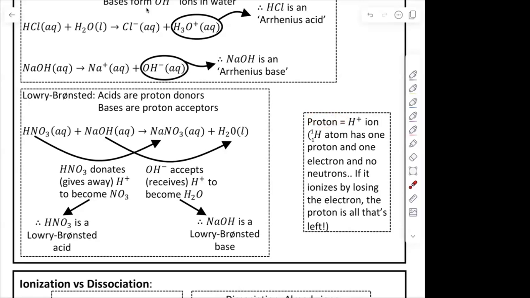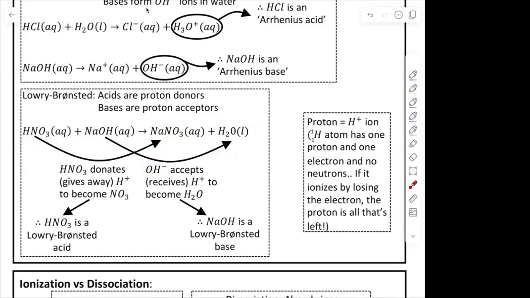And in that case, when you come back and look at the definition, we can see HNO3 plus NaOH gives us NaNO3 and H2O, right? So again, HNO3 donates and gives away its H plus to become the NO3. And then with NaOH, the OH minus accepts the H from the HNO3 and becomes H2O.